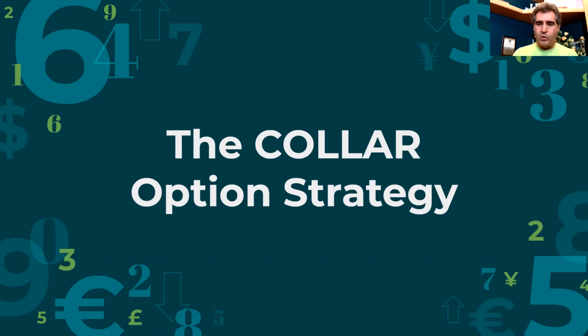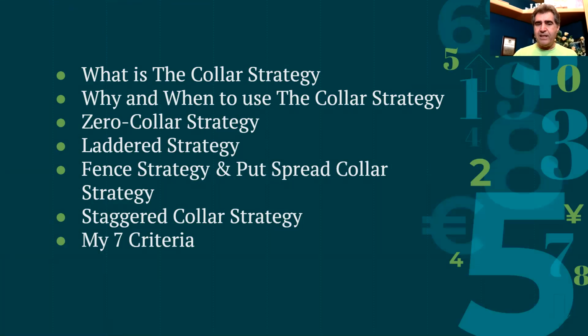So here are the items I will go over, and hopefully it will be a short class that is easily digested. First of all, what is this collar strategy? And of course, why do we want to consider the collar? I don't think this is a subject you hear much about at a party.